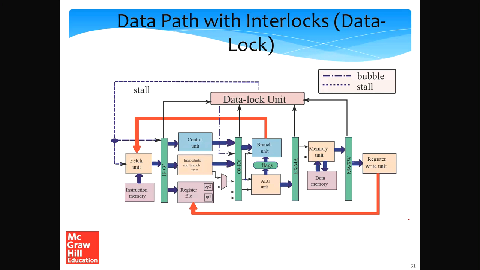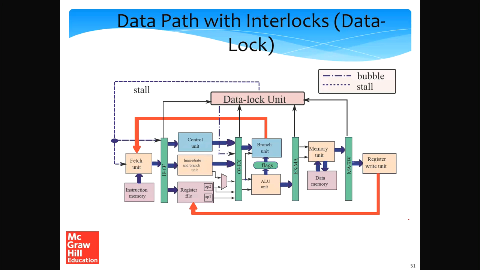So let's now slightly update the abridged diagram of the pipeline that we have been using. Recall that this diagram was introduced in the last lecture with only the core parts of the pipeline. We have now augmented it with the data path with interlocks.